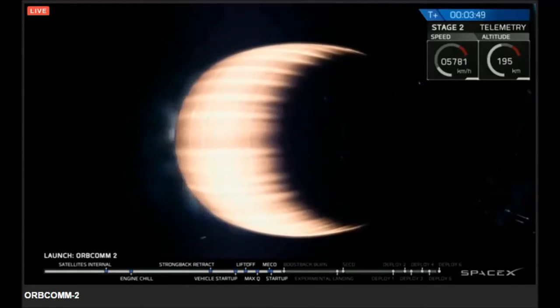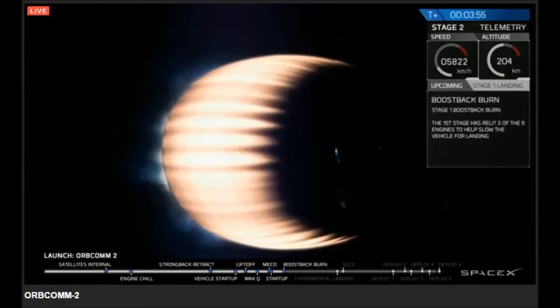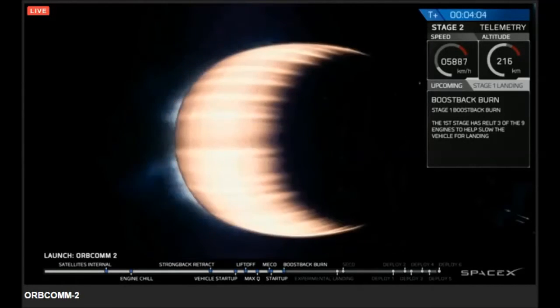Stage 1 boost back is starting. The boost back is the primary burn that will get the vehicle moving slowly, propulsion is nominal, and heading back to Cape Canaveral.